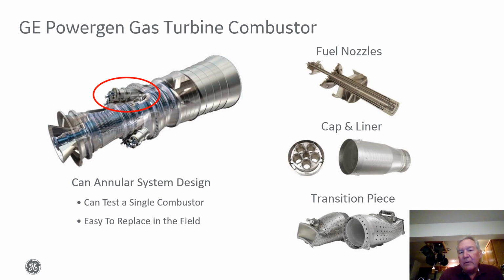And then a combustion liner would be attached to that cap. And at the downstream end of the combustion liner is a transition piece that transitions the flow cross-sectional area from a round shape to an annular slice.